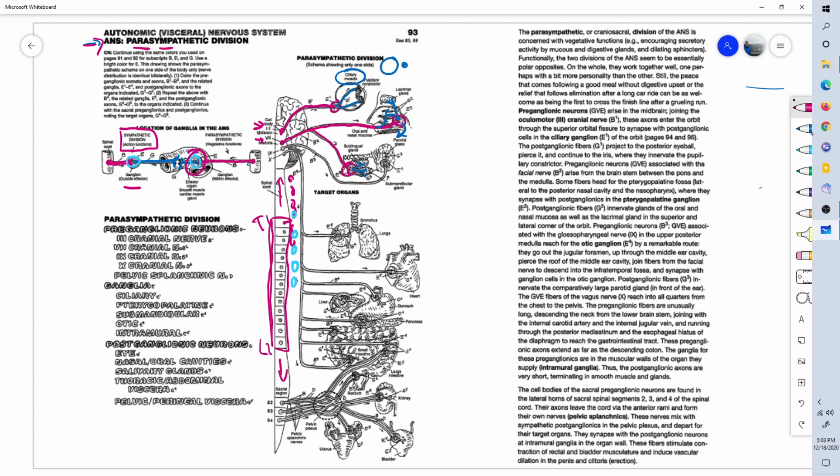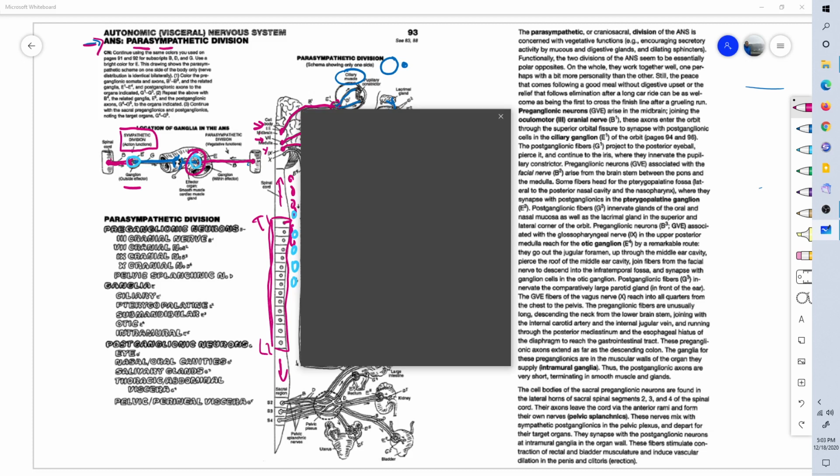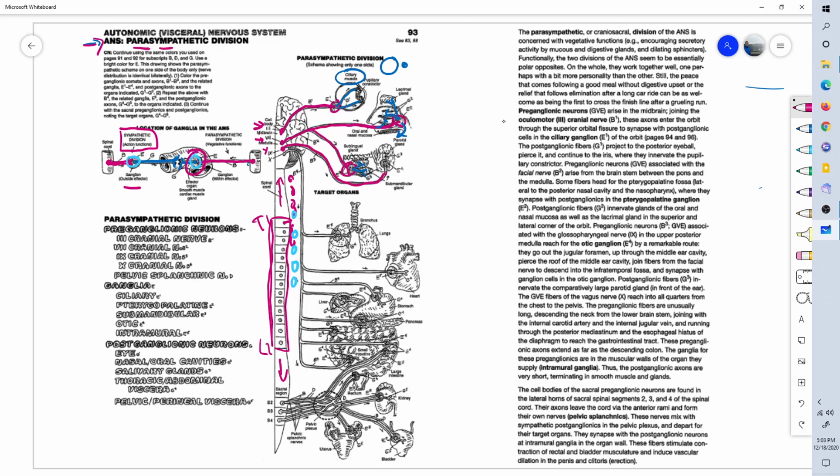Now, parasympathetic activity in the glossopharyngeal nerve. Recall that's number 9 here, cranial nerve number 9. The cell bodies in the medulla oblongata, with the long preganglionic neuron synapsing in a ganglia inside the parotid gland.